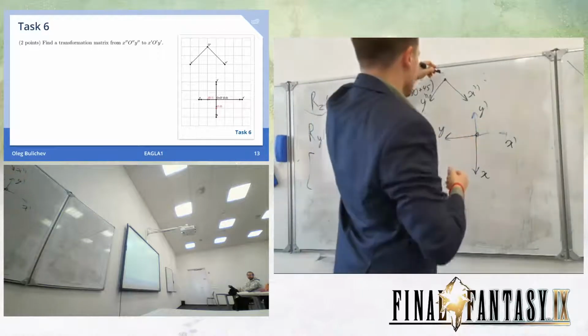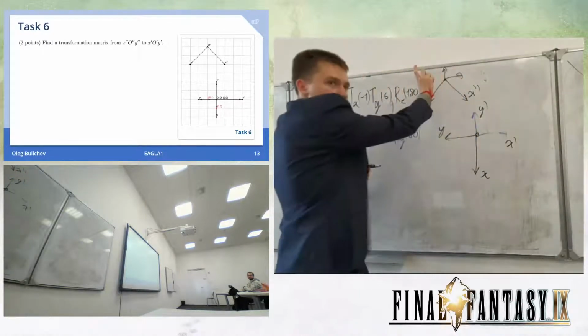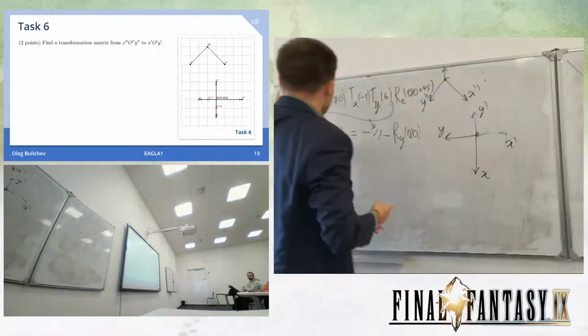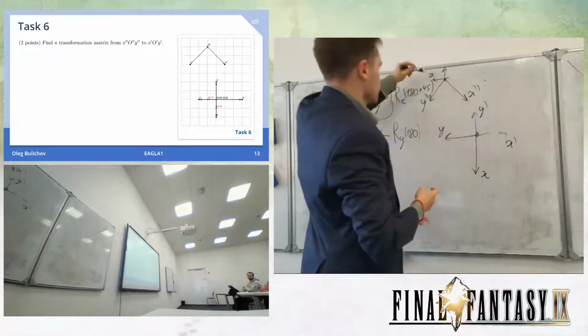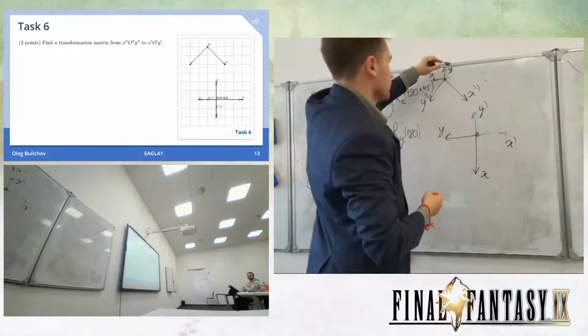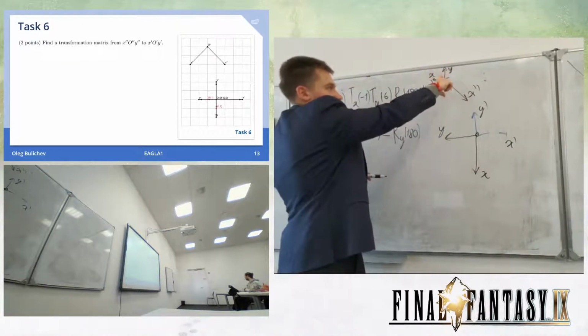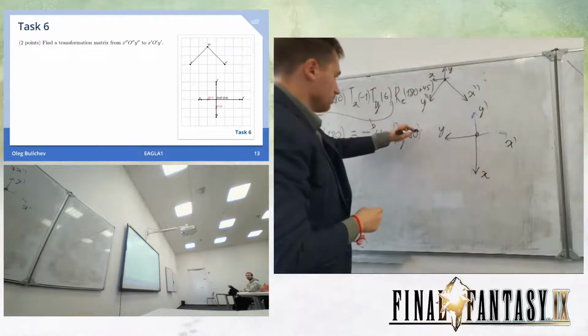So we were like this. We rotated. X, y. We just need to make 90 degrees plus phi.